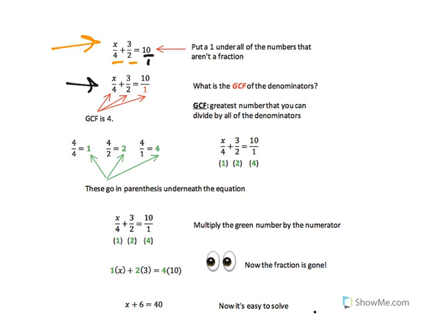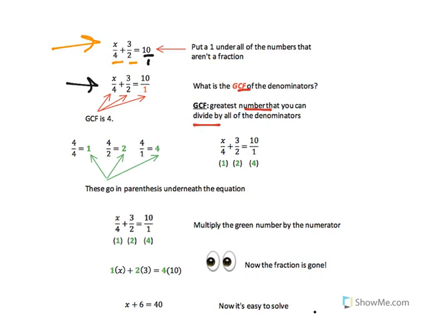Now we need to find what the GCF is. What is the GCF? The GCF is the greatest or the biggest number that you can divide by all of the denominators. So they're talking about the greatest number that you can divide.